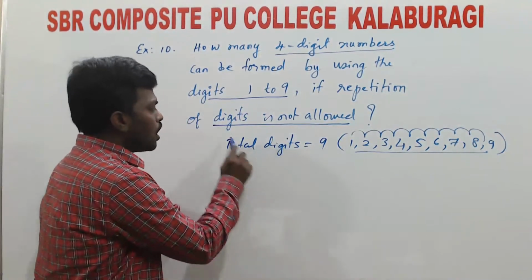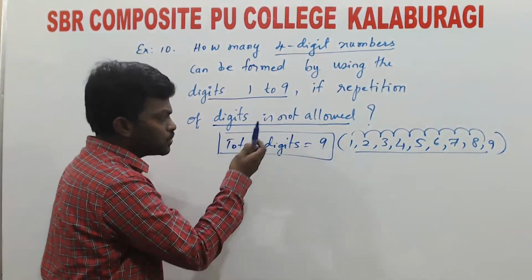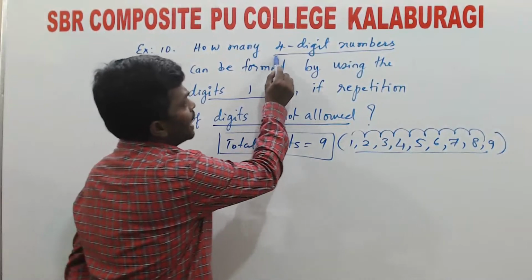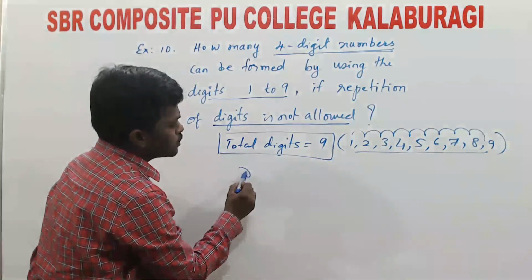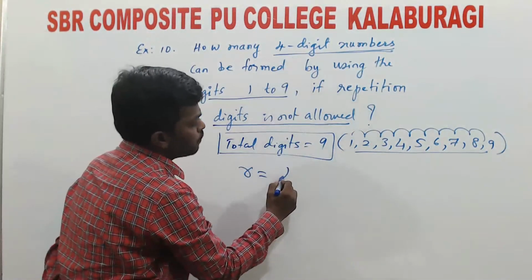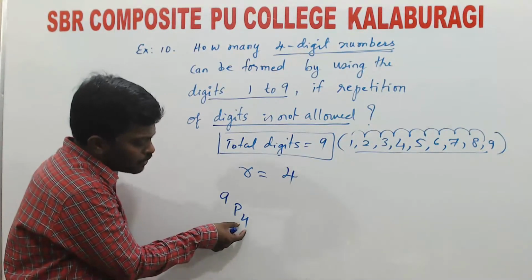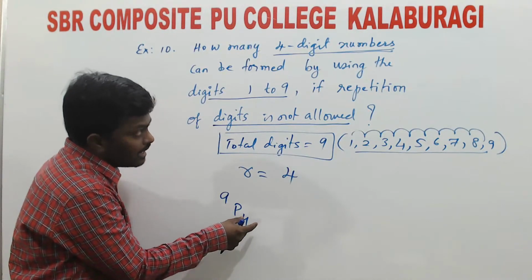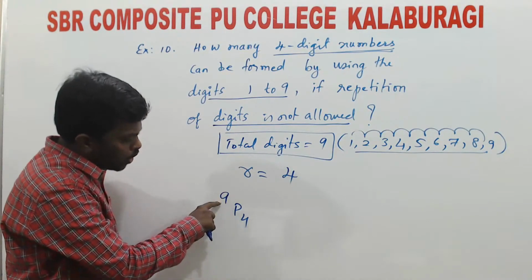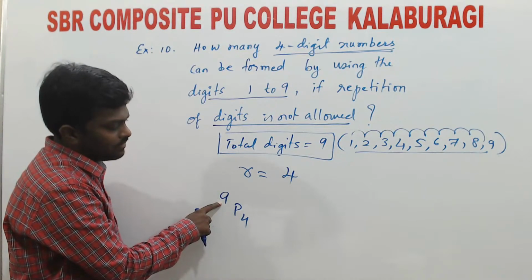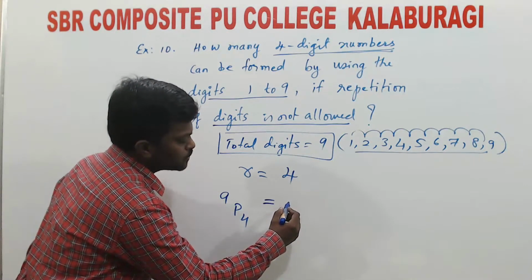So how many total digits are there? 9. Out of these 9 digits, we have to arrange or form a 4-digit number. So the arrangement is 9P4. You have to form a 4-digit number out of the 9 digits given. So this is nothing but using the formula.